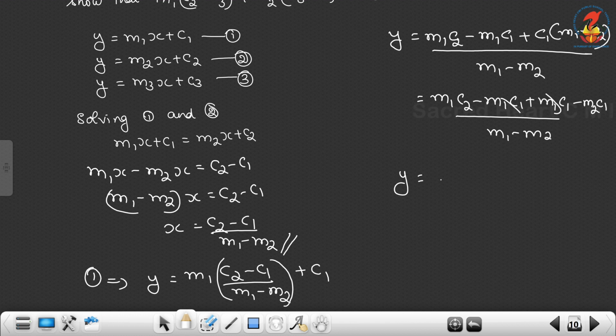The m1 c1 terms cancel. So y is equal to m1 c2 minus m2 c1 by m1 minus m2.